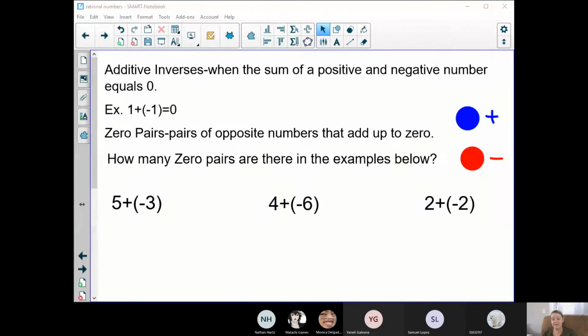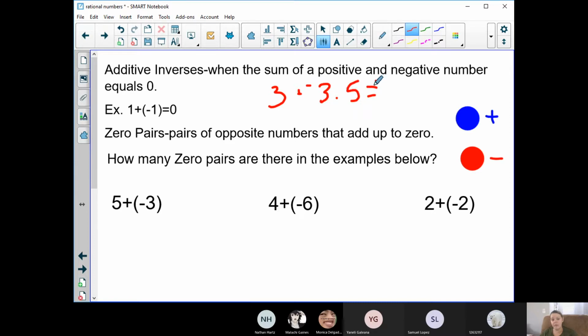Yes, no. Would those two numbers equal 0 if I added them together? 3 plus -3.5.